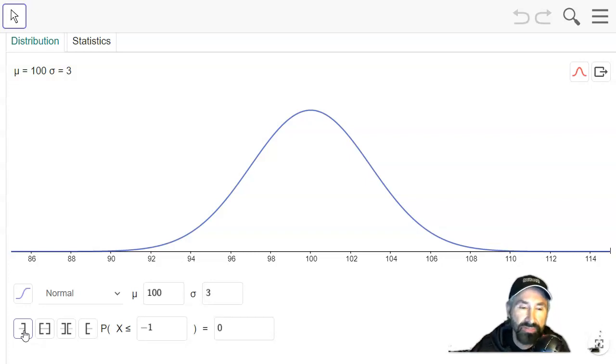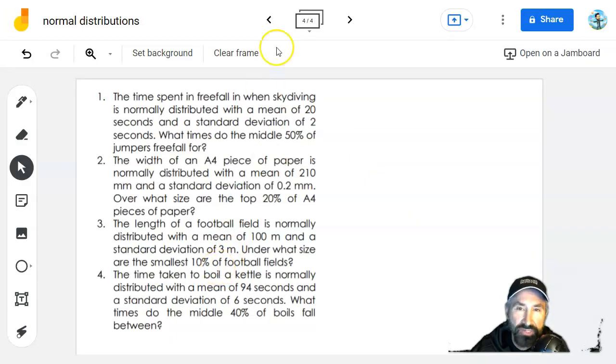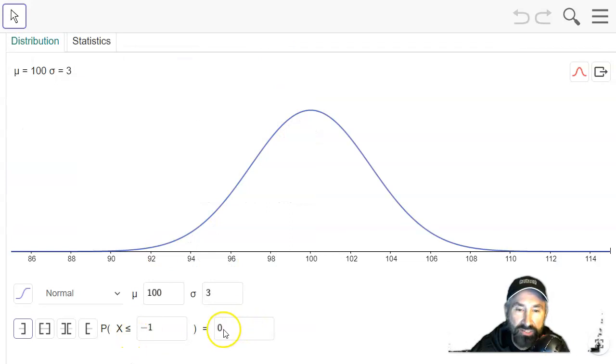So let's say we did it this way. What's the probability that x is less than, and this time, instead of putting a number in here, we're going to put the number over here. And for 10%, we'll do it as a decimal.